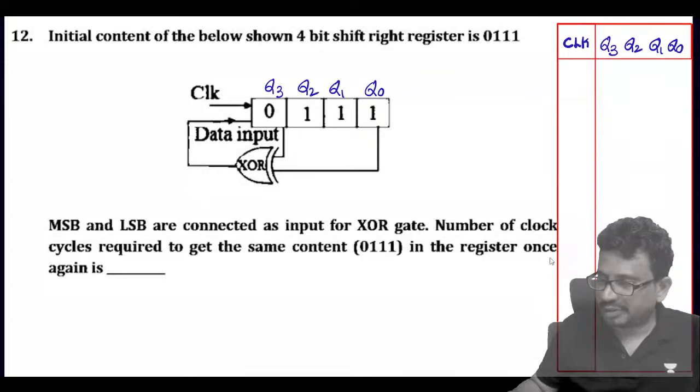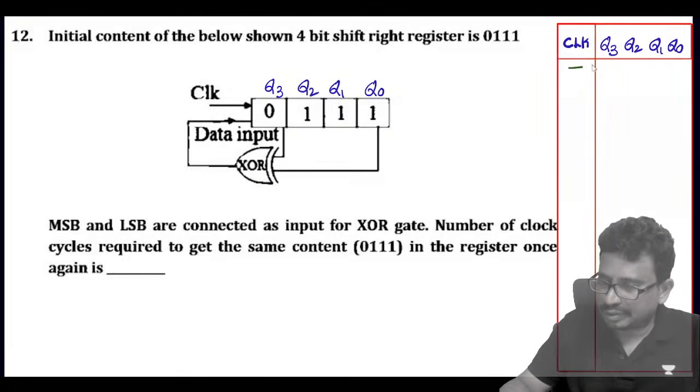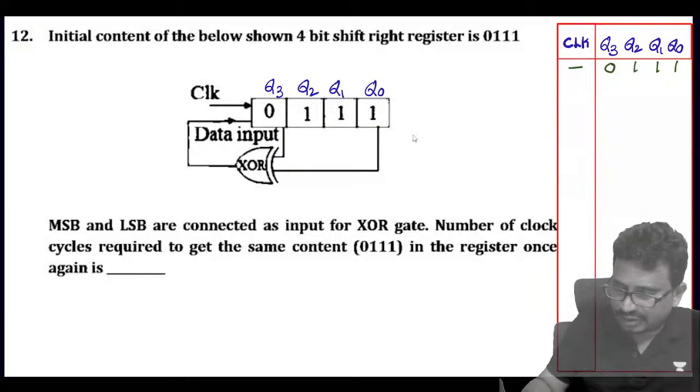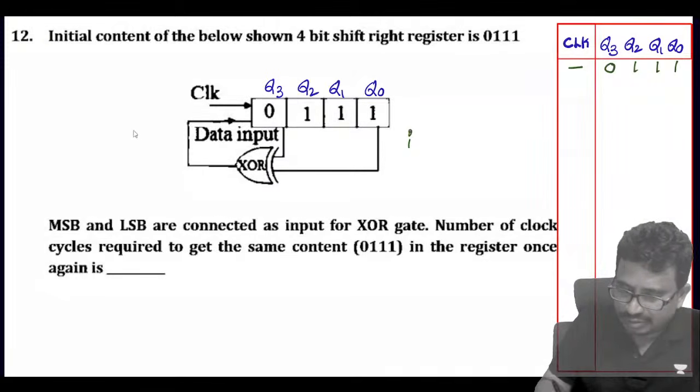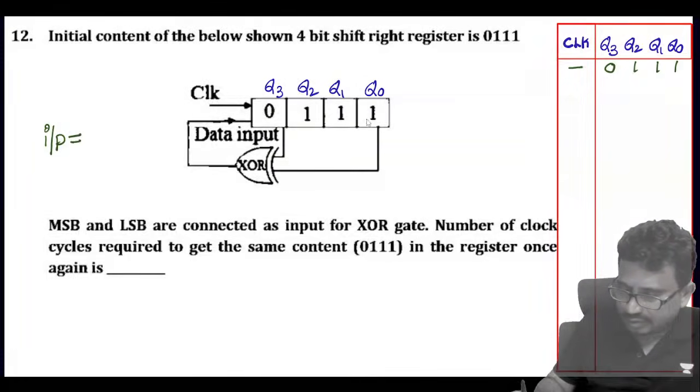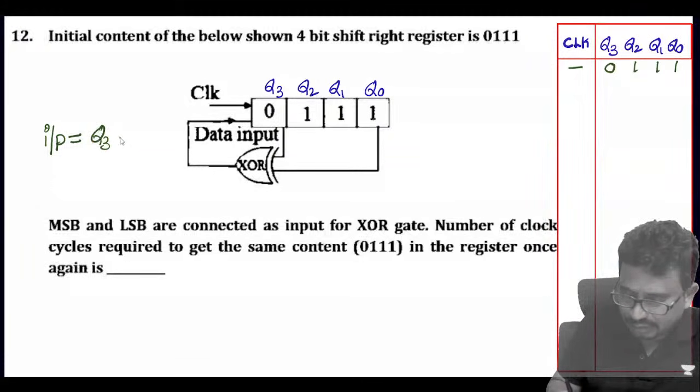So initially you can tell me, here we have 0, 1, 1, 1. This is the initial state. And the input going here, you tell me, is equal to Q3 XOR with Q0.